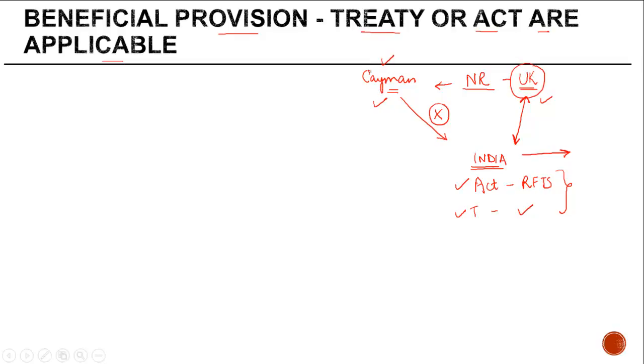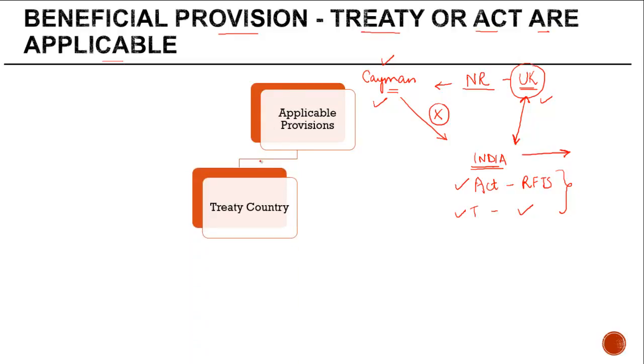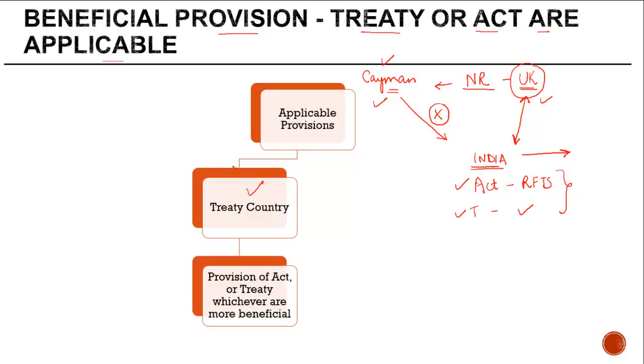Let us understand that. So the applicable provisions can be divided into two cases. One where there is a treaty, and obviously the second where there is no treaty. If there is a treaty, then the provision of Act or the treaty, whichever are more beneficial, shall apply to the recipient, right?